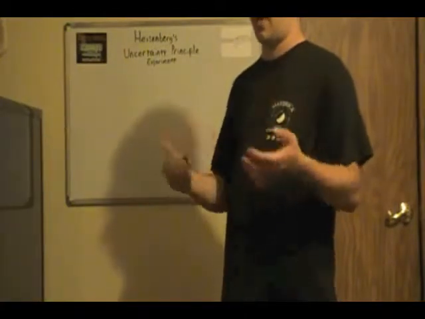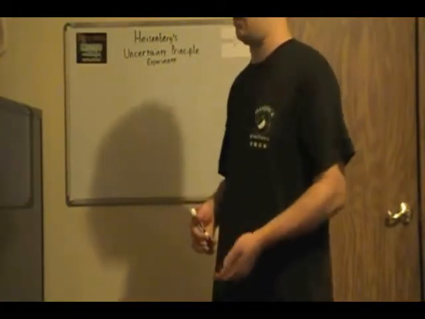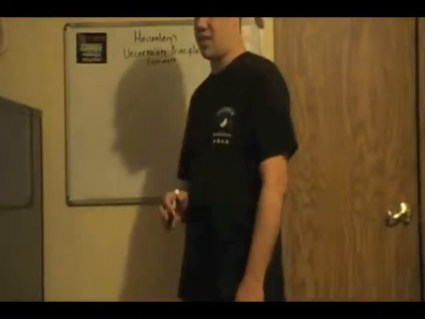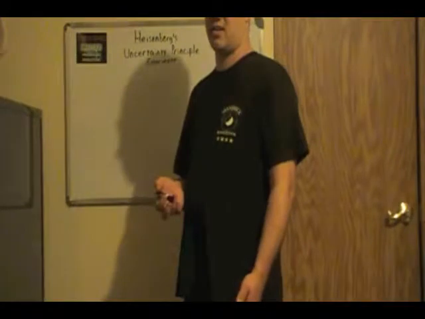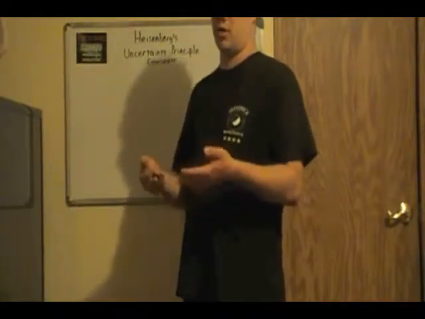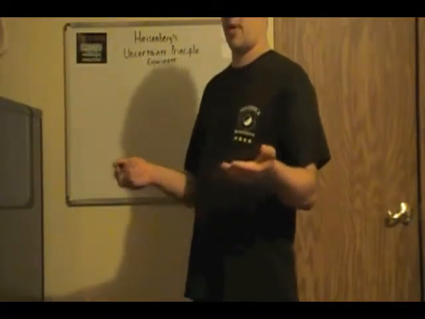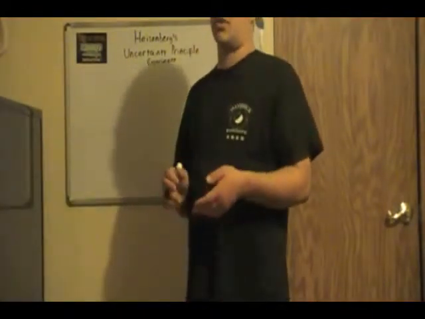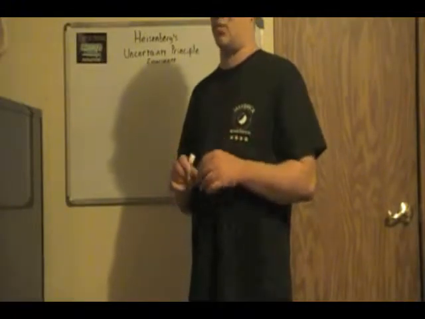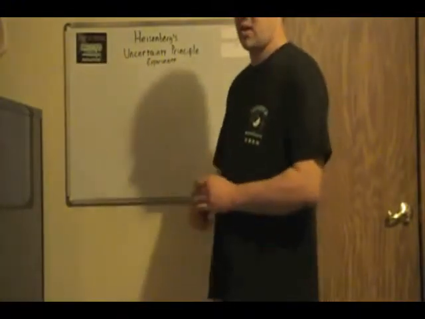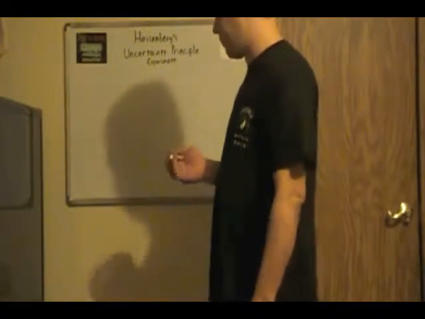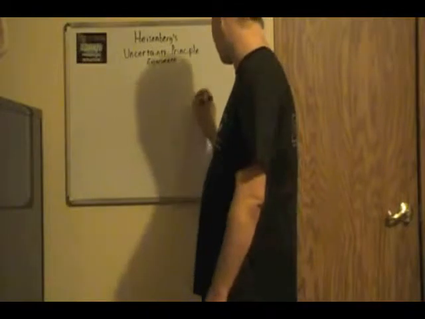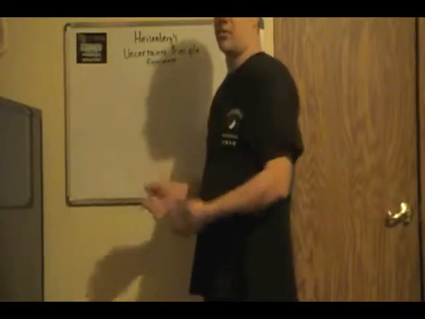I'm sure you have a general idea of what that word means, but to really drive the point home, let's say I gave you a ruler and a pen or a pencil or a marker or anything, and said, here, I want you to draw a line that's exactly 1 inch long.